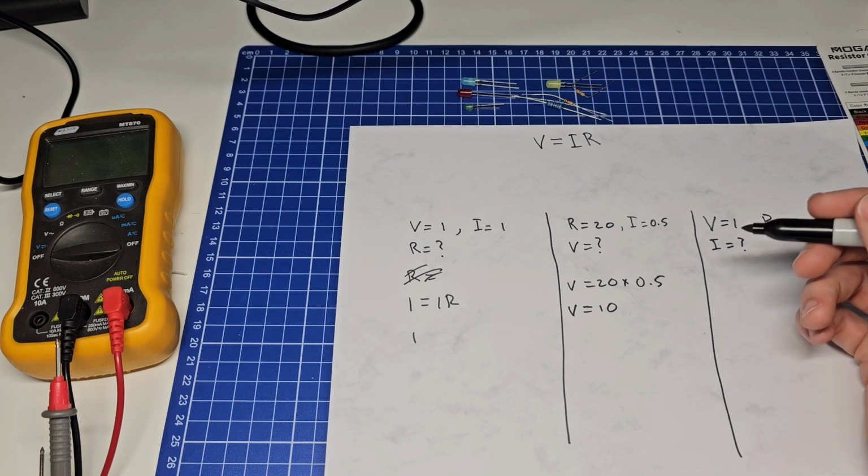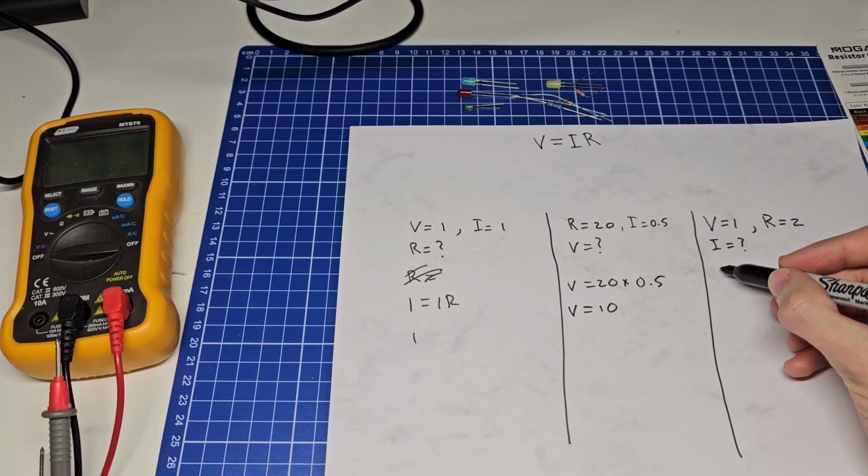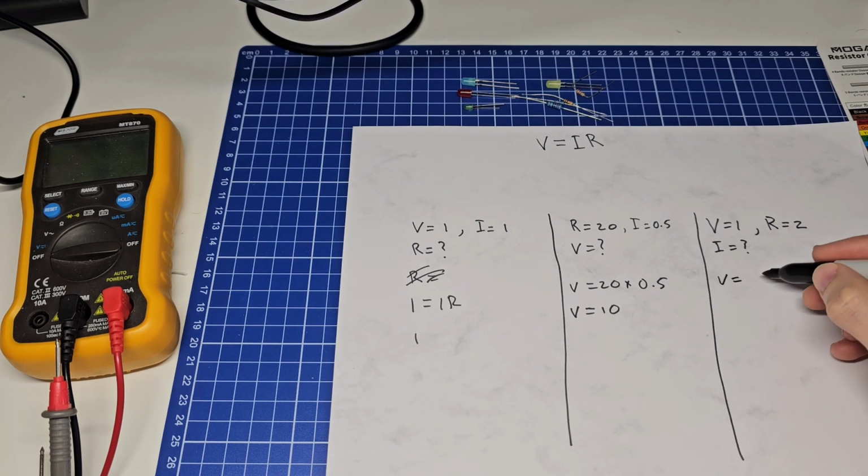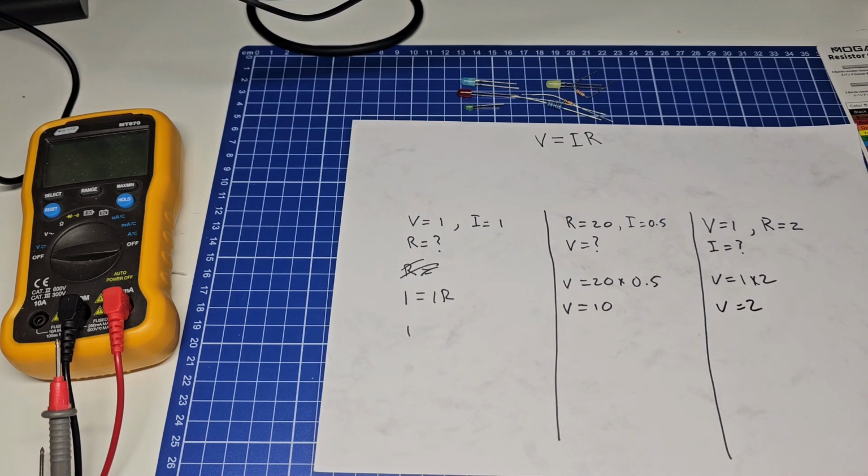Then this will be, again, V is equal to 1 times 2, so it's just V is equal to 2. So this will be for 1 volt, 2 ohms resistance, we get, oh wait, I made a mistake there.